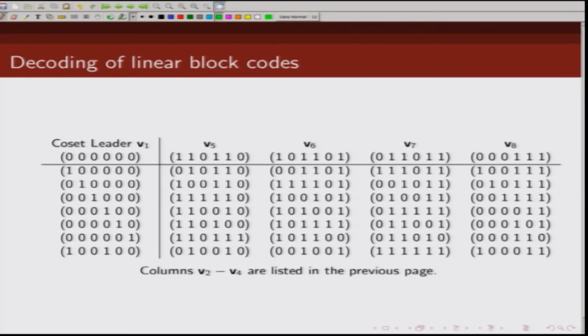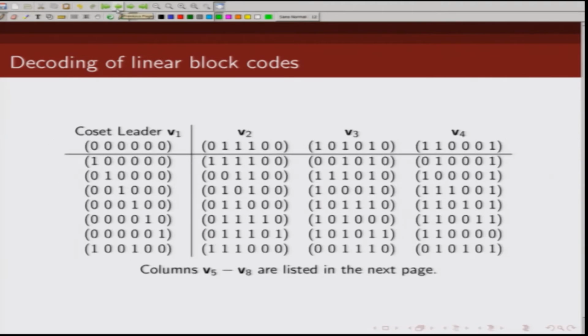So, we see we do not have n tuples which have just weight 1, Hamming weight 1, they have not appeared so far. So, this 1 0 0 0 0 0 has not appeared so far in the first row of this array. So, I pick this 1 0 0 0 0 0 as my first element.